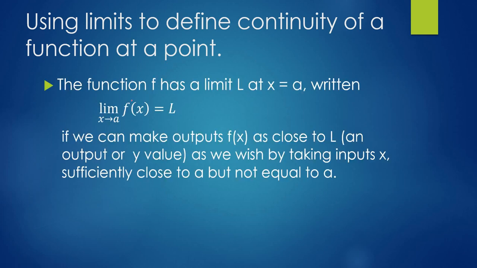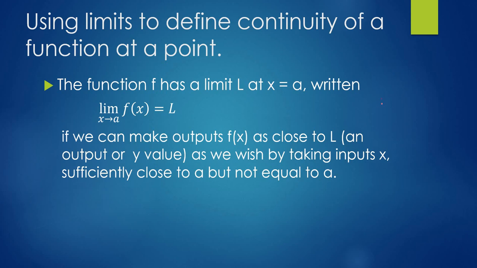The function f has a limit L at x equals a, some value for x, written like this: the limit as x approaches a of f of x equals L. So this function has a limit if we can make the outputs, or the function value, as close to L, an output or y value, as we wish, by taking the inputs x sufficiently close to a, but not equal to a.